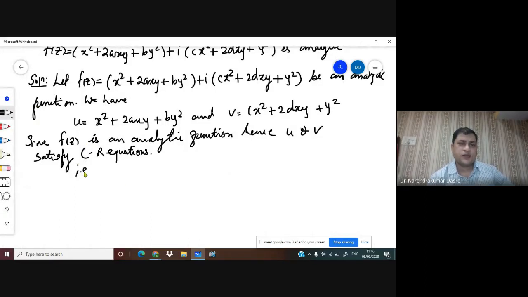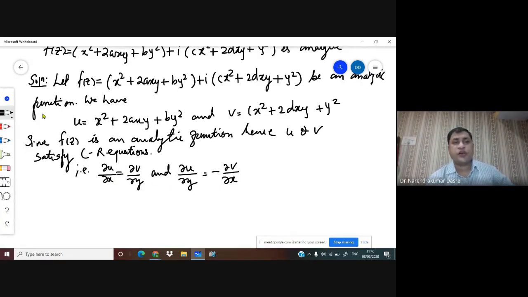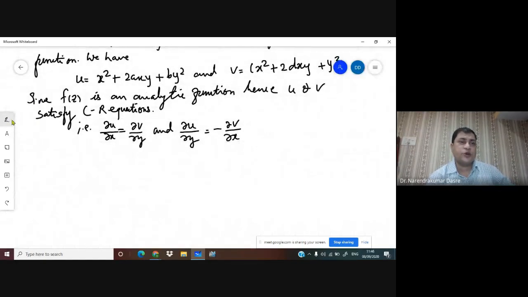That is u_x is equal to v_y, and u_y is equal to minus v_x. So these two equations are satisfied. Moreover, we know this first order partial derivatives will be continuous. Now what we have to do is, we have to find out this first order derivatives and compare with the CR equations, and then we have to simplify.